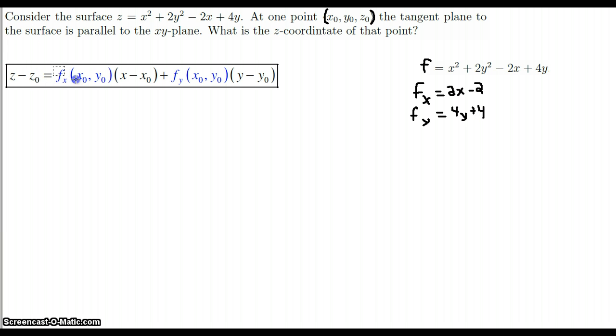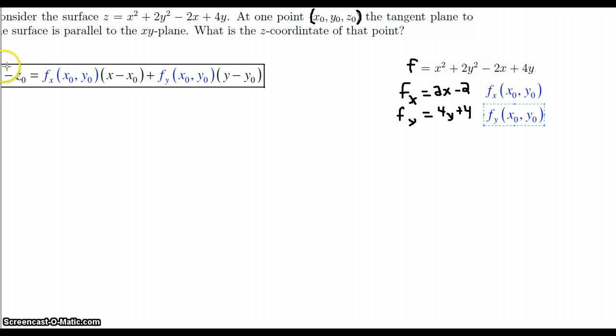And if we wanted to evaluate these at x naught y naught, we'll just be plugging in x naught and y naught generically, and what we get out is 2x naught minus 2, where x naught is some number that we are to find, and 4y naught plus 4.